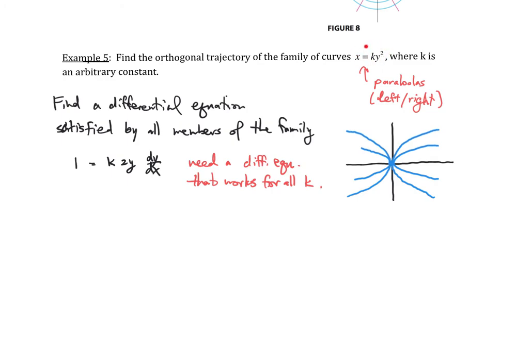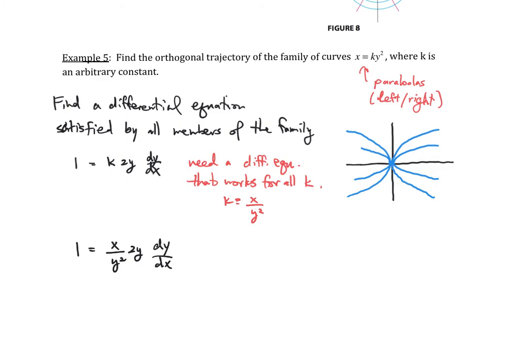I can use x equal to k times y squared and describe k as x over y squared. Then I'm going to substitute that into the equation I got before. Now we have 1 is equal to x over y squared times 2y dy dx. We can simplify this a little bit.